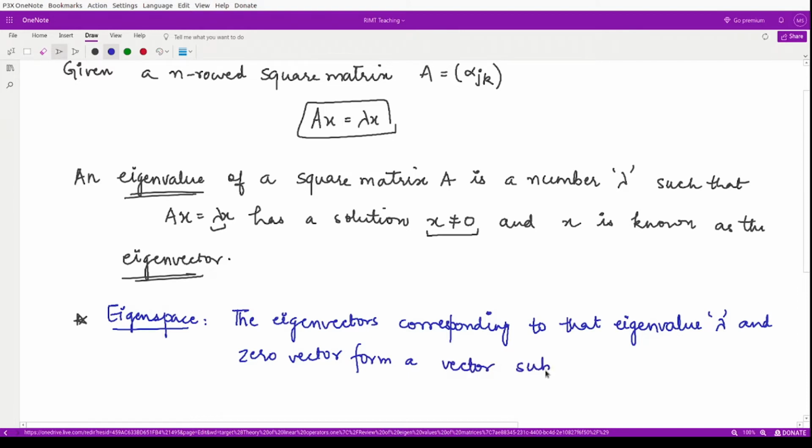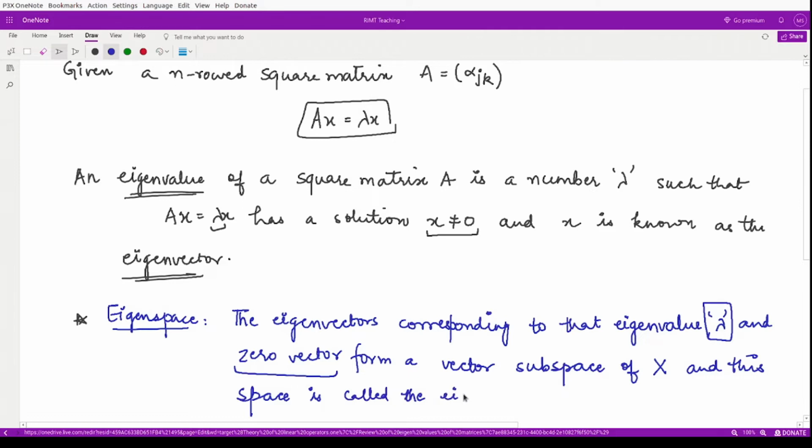Because for a space to be a vector subspace, it should obviously have the additive identity with it, that is the zero vector. So we say the eigenvectors corresponding to a particular eigenvalue lambda, in addition to the zero vector, form a vector subspace of the space X, and this space is called the eigenspace of A.